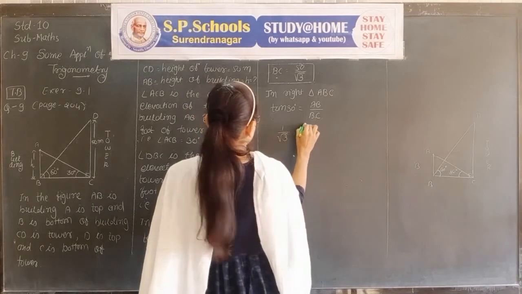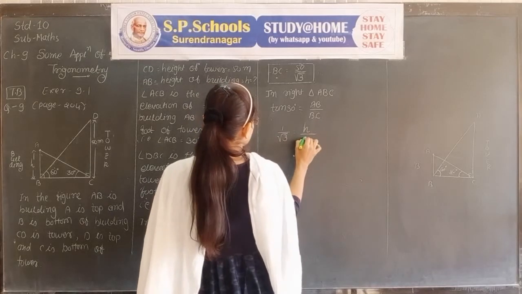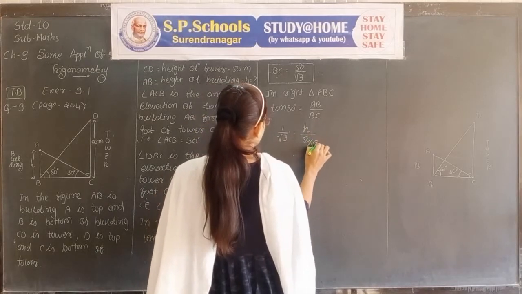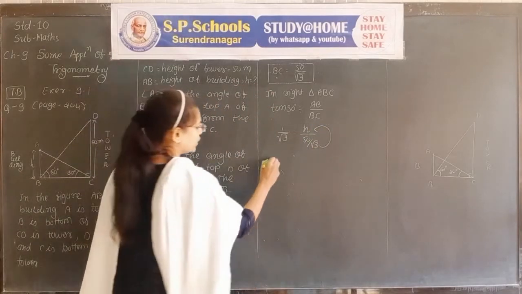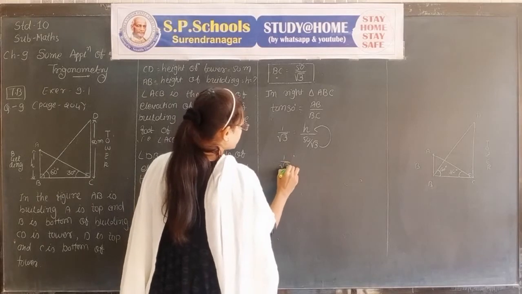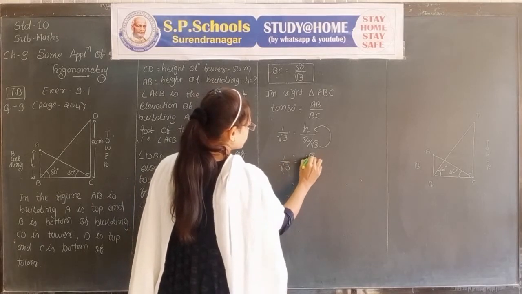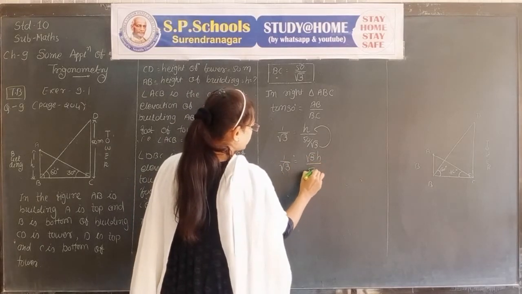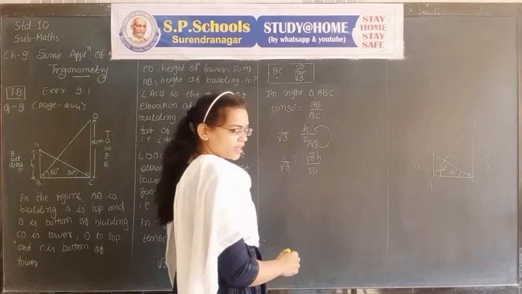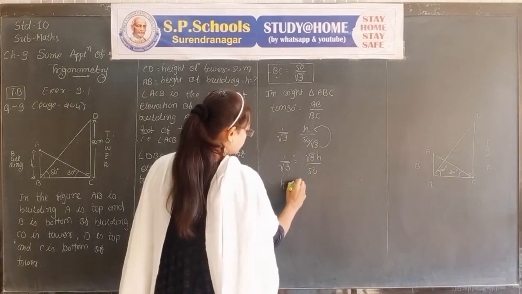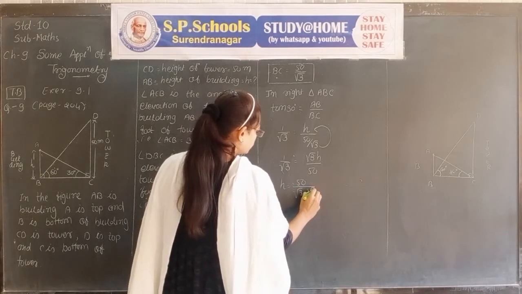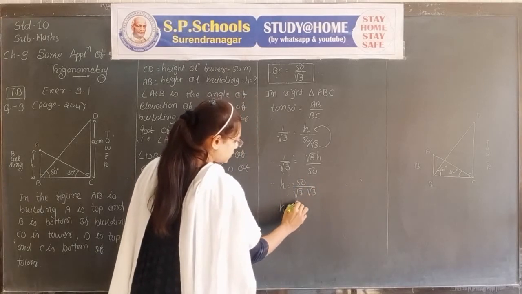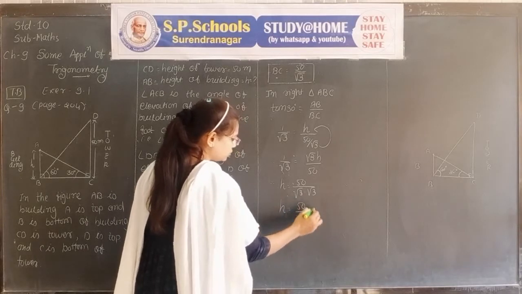AB remains as it is, meaning H upon BC, which is 50 upon root 3. Now the denominator goes to the numerator, so 1 upon root 3 equals root 3 H upon 50. Now make H the subject: H equals 50 upon root 3 into root 3. That's why H equals 50 upon 3.